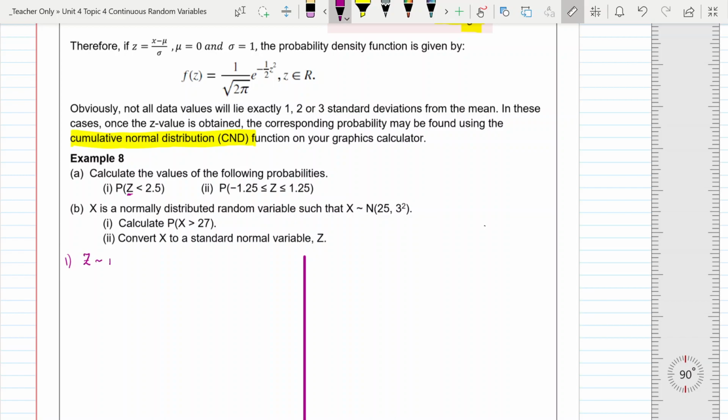So z can be approximated by a normal distribution in 0 and 1. So our probability of z being less than 2.5, we're going to say using NCD on the graphics calculator.